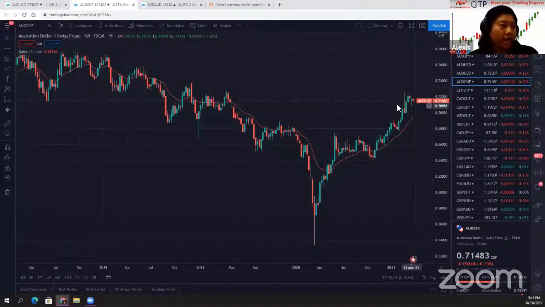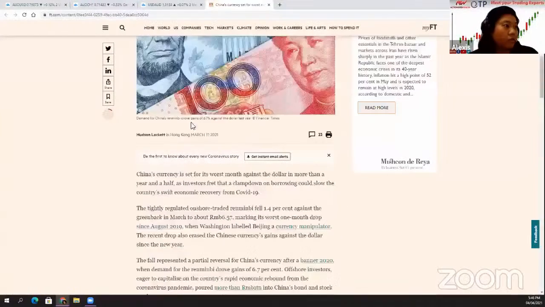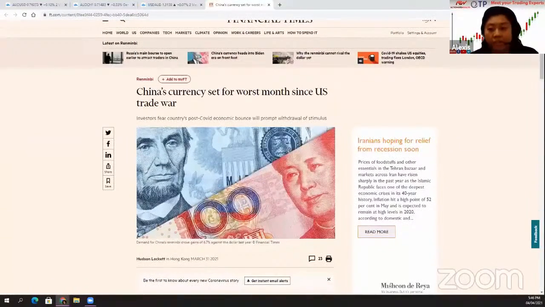This is probably my homework for next week, to figure out whether the Swiss is weak enough to push the Aussie above the pop, or the renminbi is weak enough to pull the Aussie down. All right. So other than Aussie Swiss, a little bit of dilemma there, I am looking for short Aussies next week with an eye on the news that is coming out of China's currency. And that's all for me, Paul.